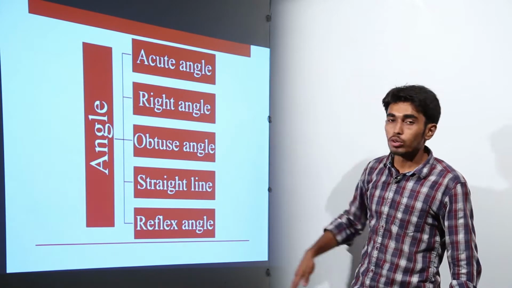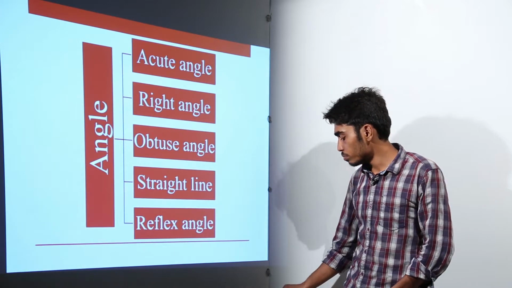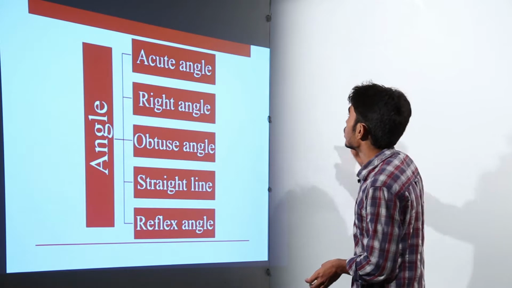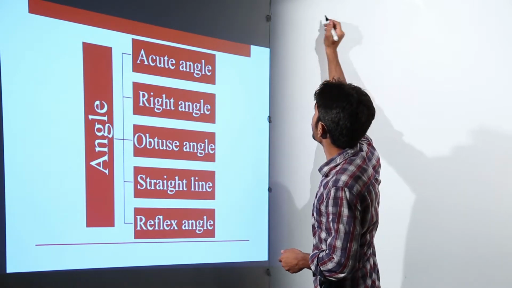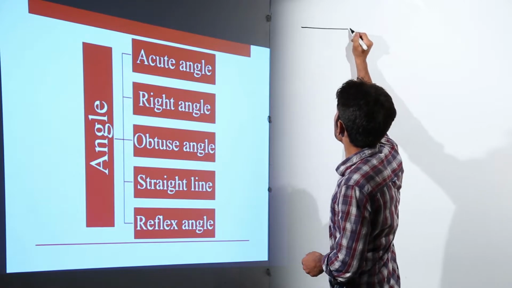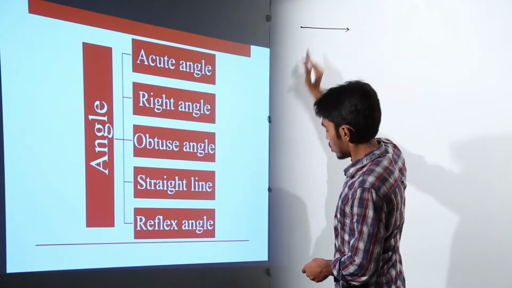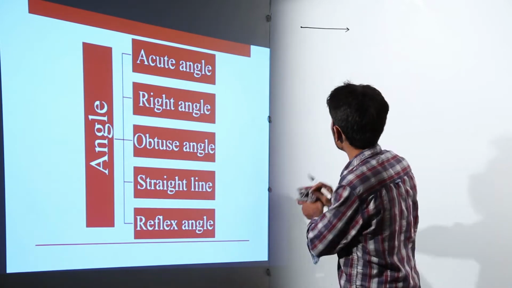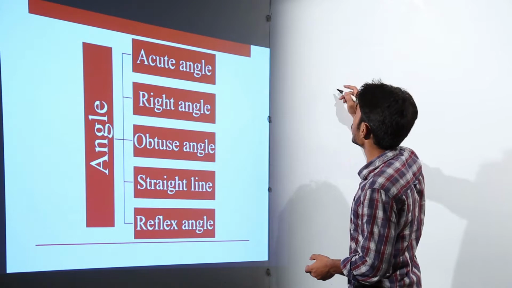Now before going into details of these angles, let me draw some angles for you. So what is the trick? If I want to draw, let's say, 0 degree, or let's say I'll start with 90 degree.